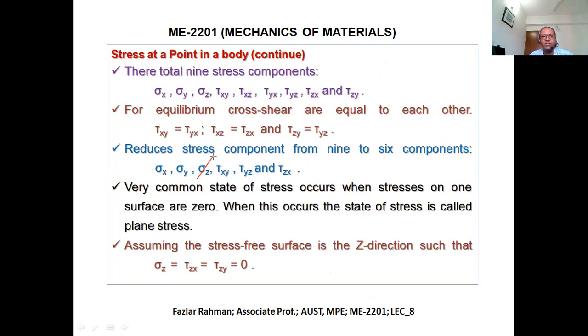There will be no sigma z, no tau yz, no tau zx. So how many stresses do you get then? Sigma x, sigma y, and tau xy. So you get only 3: sigma x, sigma y, and tau xy.